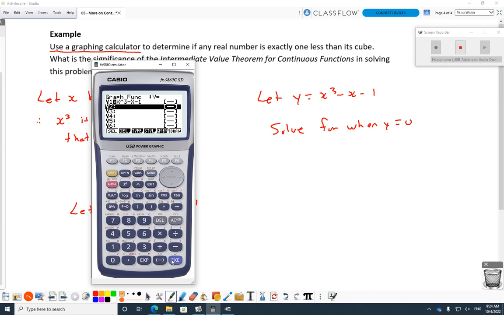Does this function have to have a 0 before I press graph? Georgia. Yes, she says. Why do you say it has to work out that way? Well, hold on. It's continuous, so it takes on every value between any two values. Yes.